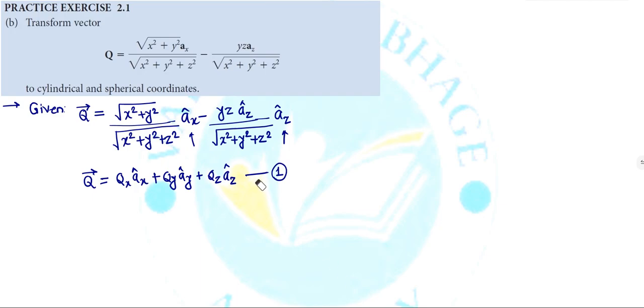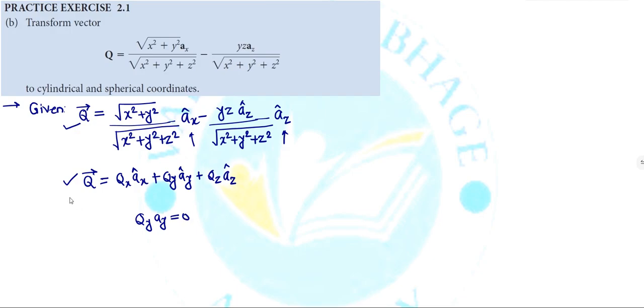Okay, fine. So we will rewrite that again. This is your given equation in its Cartesian form. Now if you compare the given vector with our standard vector, you can find that there is no y component over here, so we have this term Qy ay equals 0.